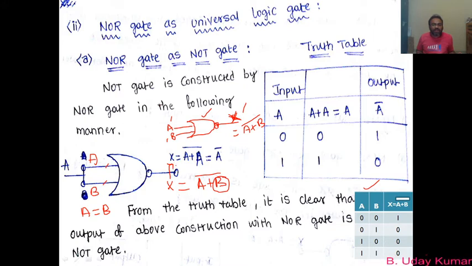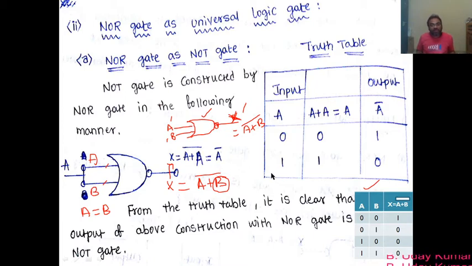I can write this as x is equal to, in place of (A plus B) bar, (A plus A) bar. But from the truth table of the OR gate, if you remember it, you can simply say that A plus A is equal to A. So I can write (A plus A) bar is equal to A bar. Why?